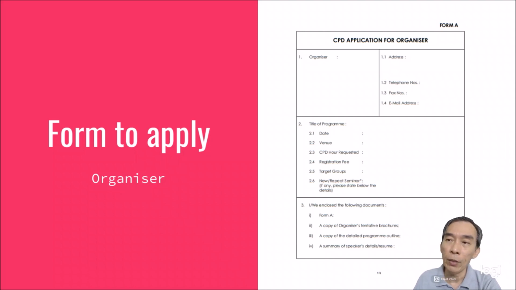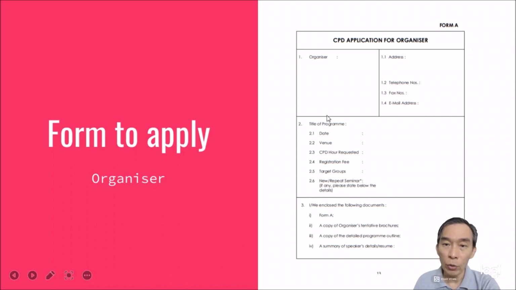If you are, for example, the Institute of Engineers, and you want to allow members of the estate agents to attend your Institute of Engineers event, then as the Institute of Engineers, you apply to the board to get the event recognized as specific for estate agents. Similarly, an organizer like the Malaysian Institute of Estate Agents, as an estate agent organization, can also apply to the board and put in the topics they want to deliver during this event, and you will earn a certain amount of CPD point.